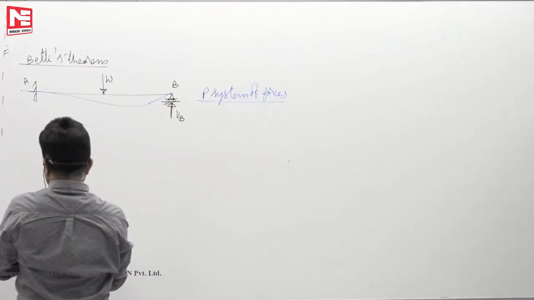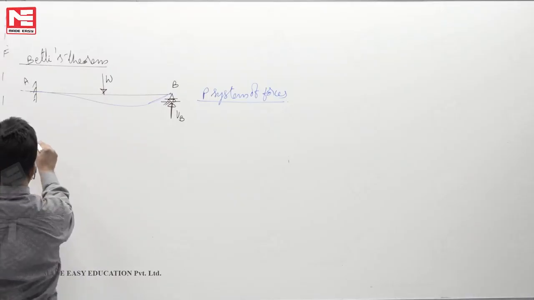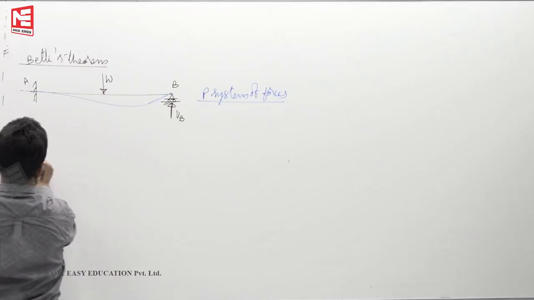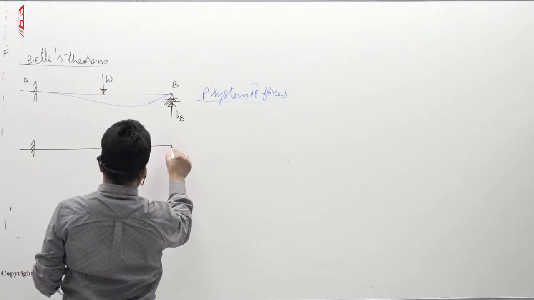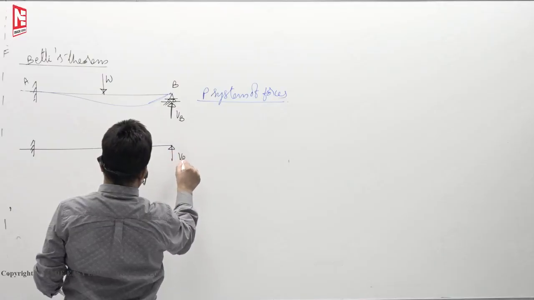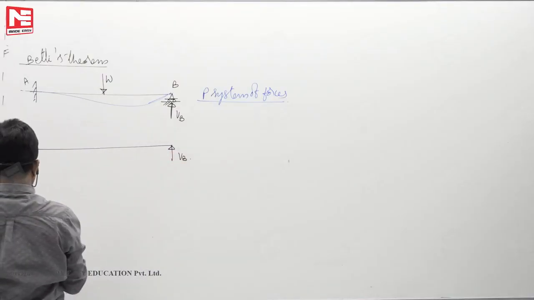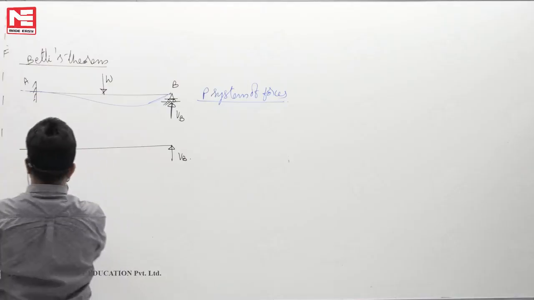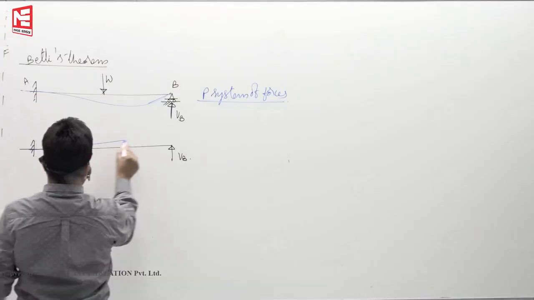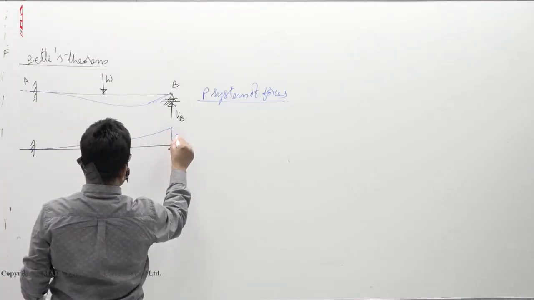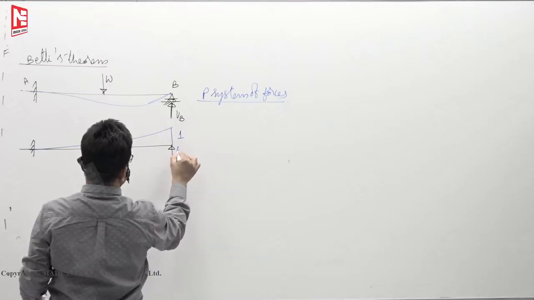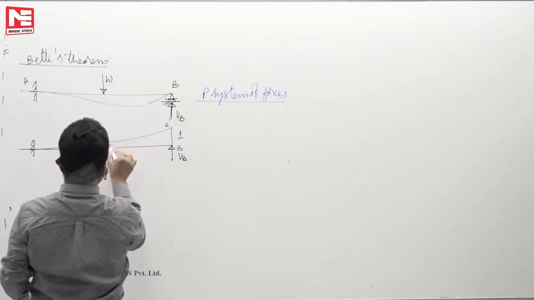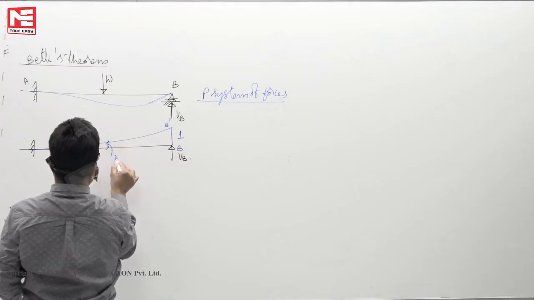Now take another system of forces where only VB is there. Now this displacement, let us say 1. This is say some y.